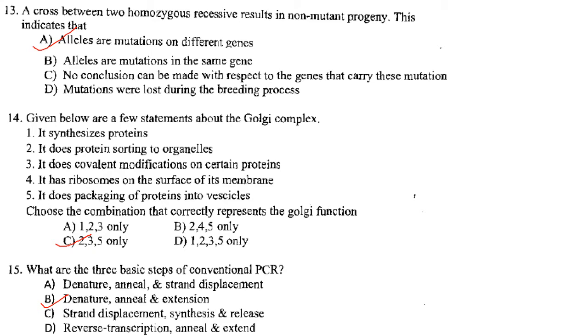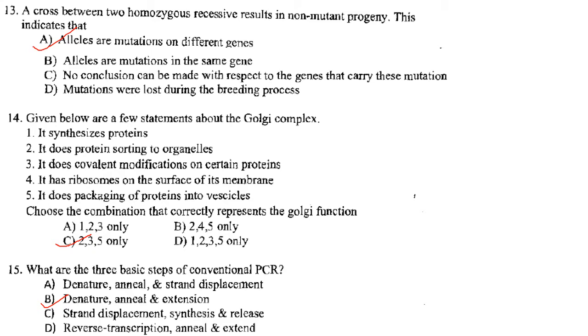So if a homozygous recessive cross was carried out between two homozygous recessive parents, that is AA and BB, you should have got small a, small b. That is the usual Mendelian type of crossing. But what they got was non-mutant progeny. That is, they didn't get any mutated progeny. Instead, they might have got capital A, small b, and small a, capital B.